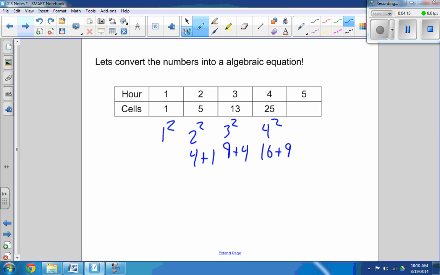Well, 1, that's 1 squared. 4, that's 2 squared. 9, that's 3 squared. So we have an interesting pattern here that can be written as the equation n squared plus n minus 1 squared.